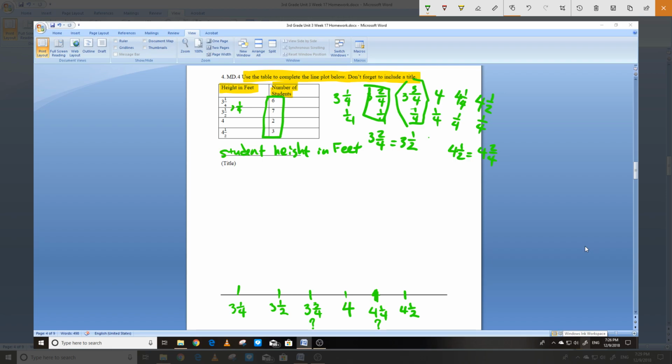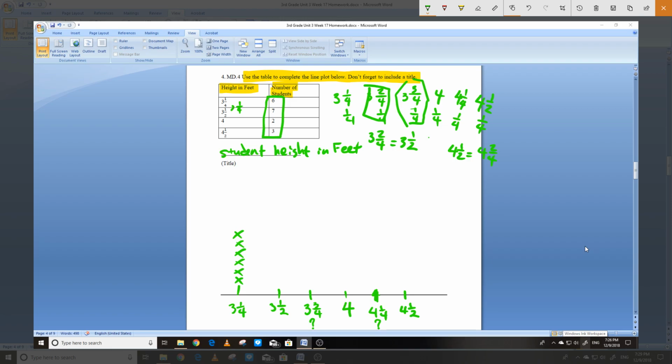Whenever there's a fraction here, this is very difficult to do. You have to recognize the rate of change and see if that's consistent. All right? And if you're spacing out your marks evenly, that is the key. So for 3 and 1/4, you're drawing 6 X's. 1, 2, 3, 4, 5, 6.